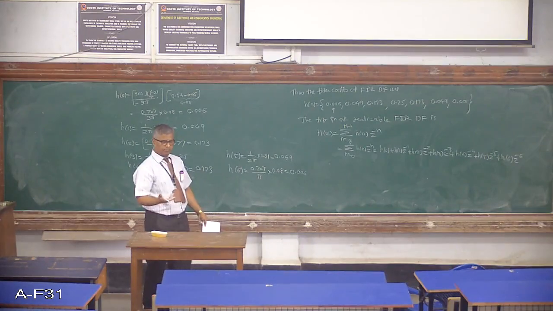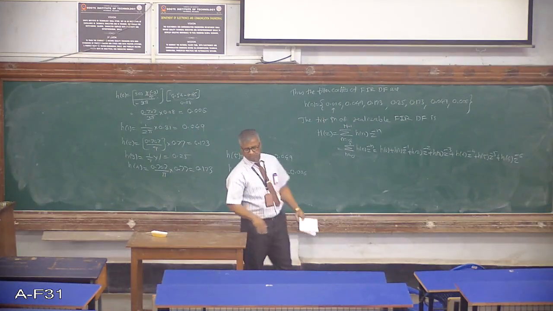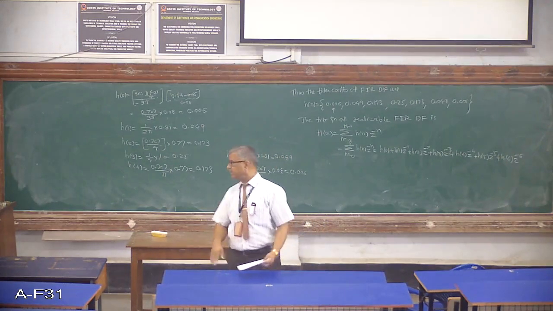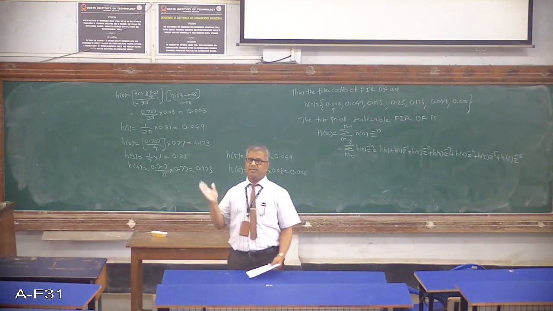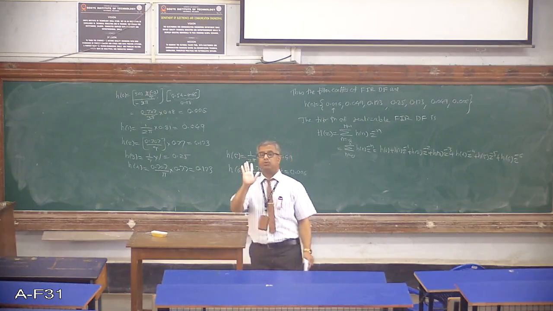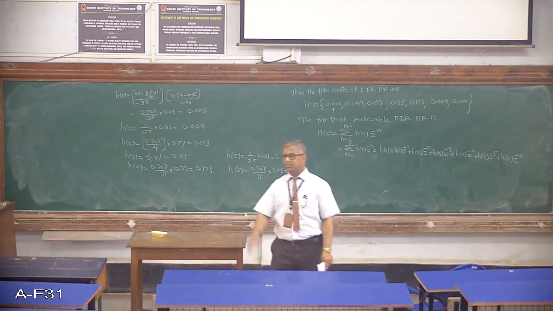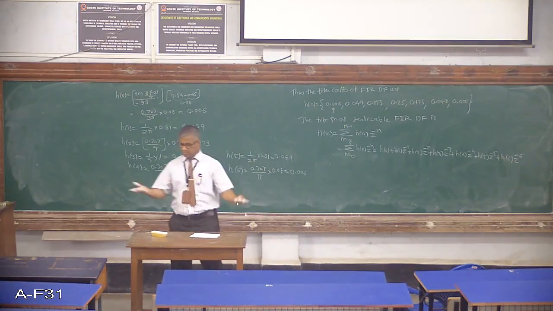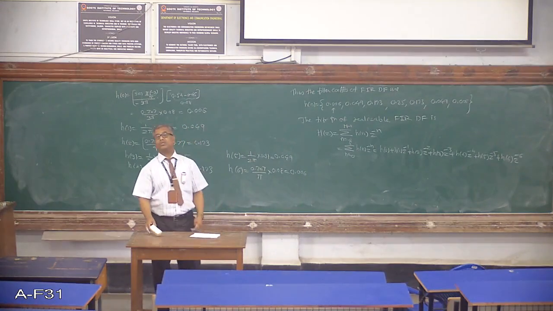So this is the design procedure. Whatever window they give, that window has to be used, along with the frequency response specified, whether it is a low pass filter or high pass filter. Before I close, suppose you are asked to design a high pass filter instead of a low pass filter.